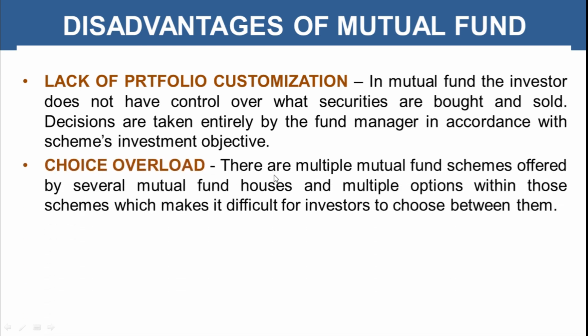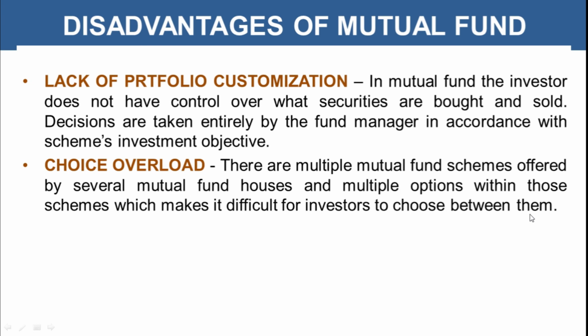Second is choice overload. There are multiple mutual fund schemes offered by several mutual fund houses and multiple options within those schemes, which makes it difficult for investors to choose between them. Mutual funds getting popular have launched various schemes which create chaos in the mind of investors as to which scheme to go for.